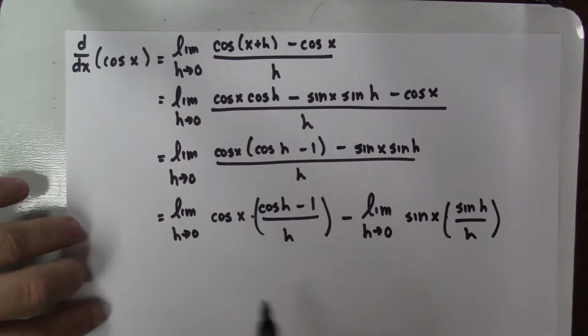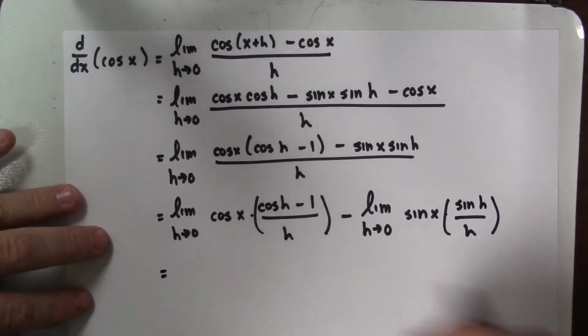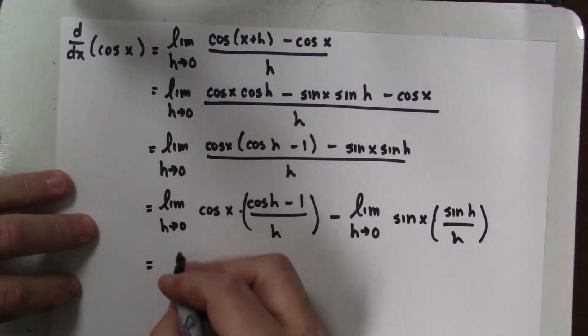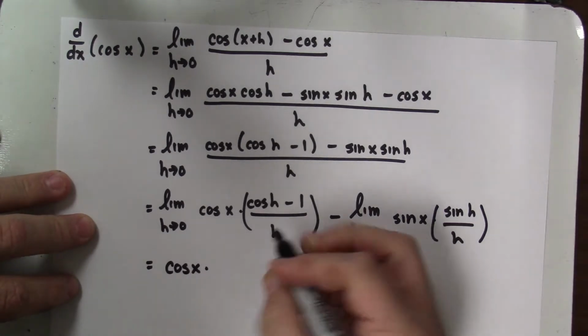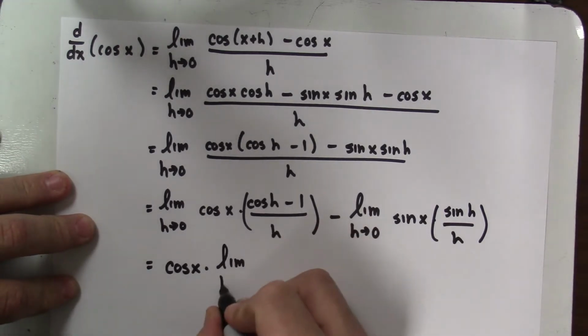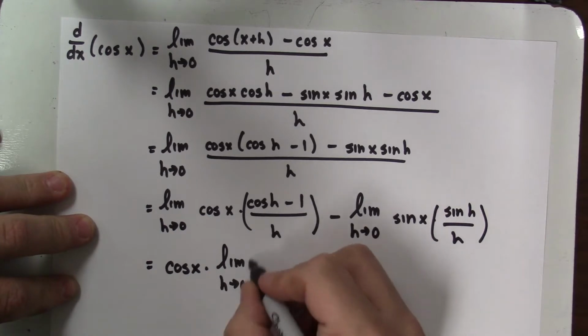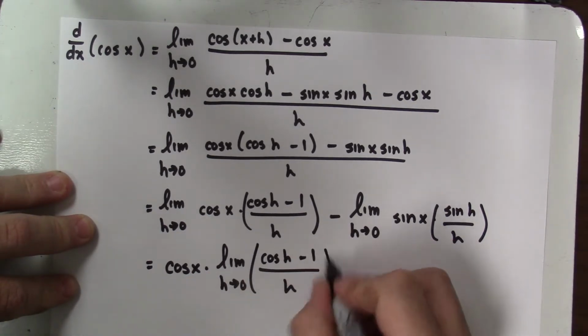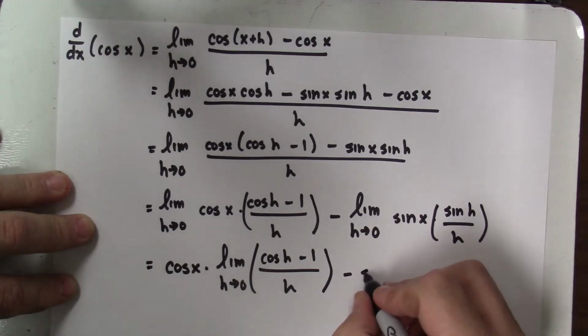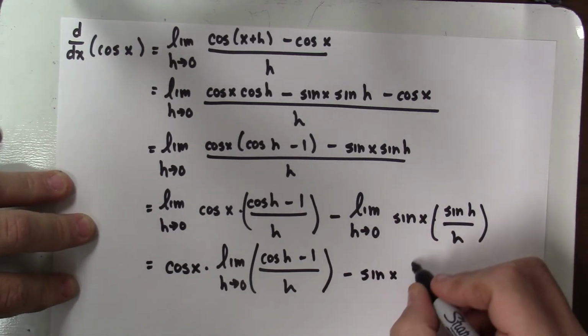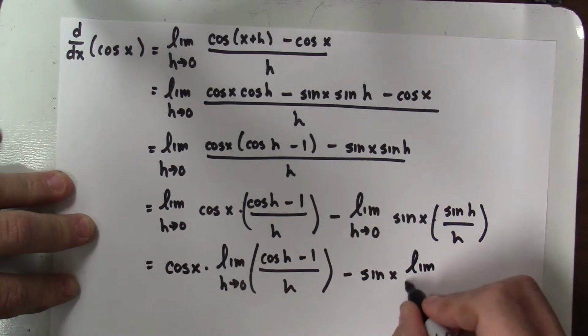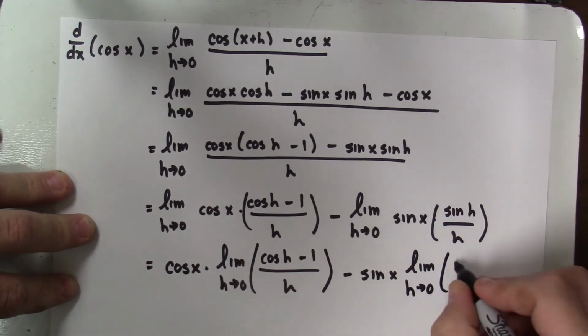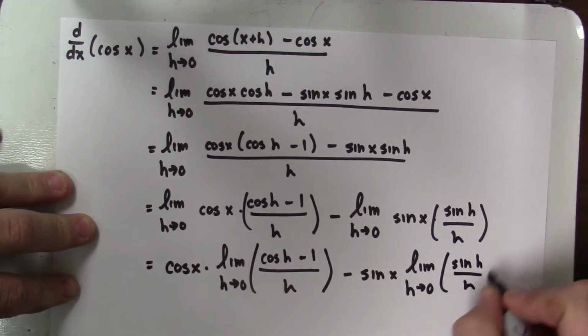Now, just like we did, the terms that only have x in them can come straight out. So I've got cosine x times the limit h goes to 0 of cos h minus 1 over h, minus sine x times the limit h goes to 0 of sine h over h.